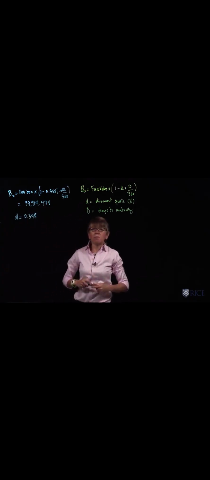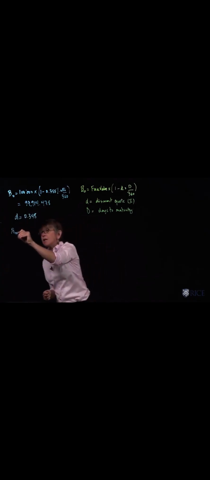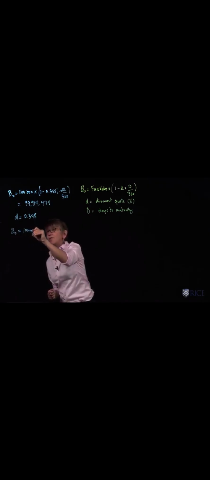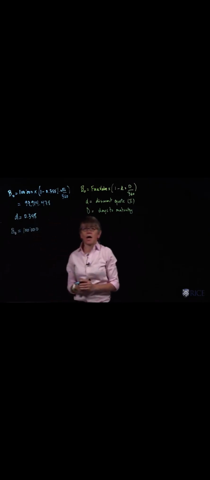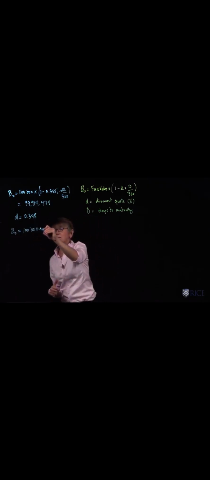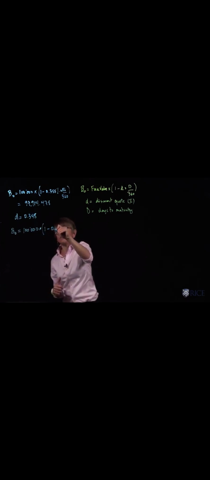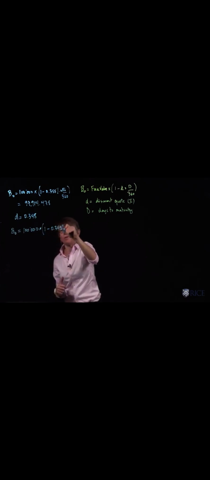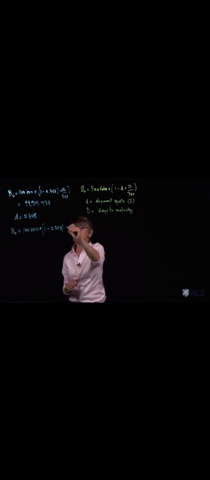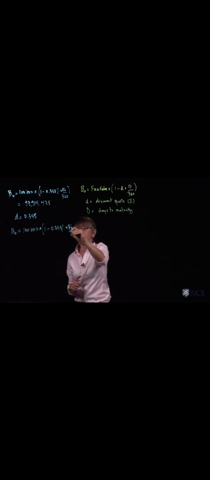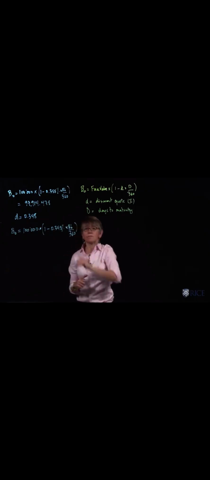And so what is the implied price? Again, for a face value of 100,000, we're going to adjust it by 1 minus 0.348% times 86 over 360, right?